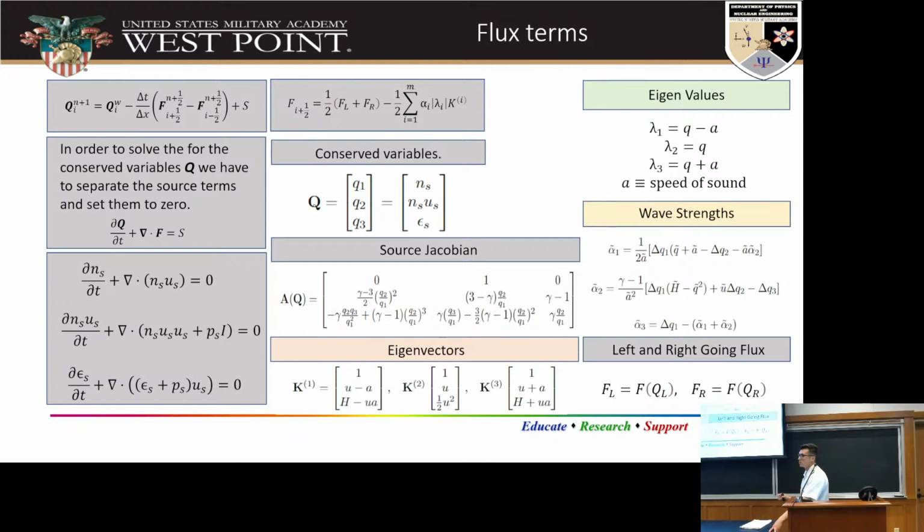That's done in the usual way, where you take the determinant of the matrix minus the identity matrix times the eigenvalue. And these are the wave strengths. In various initial value problems in fluid dynamics, there are different types of wave strengths associated with rarefaction, shock wave, and contact discontinuity movement, and that is how you resolve them.